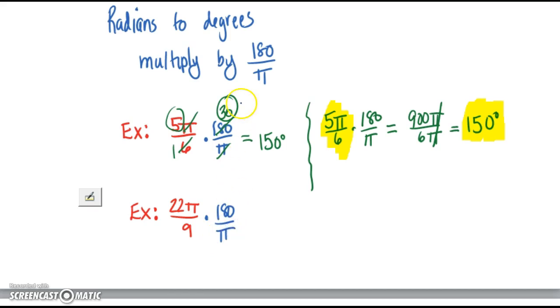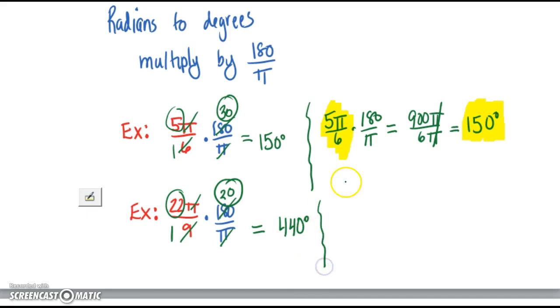And if you wish, you could do some cross-canceling. So we know that the 9 and 180 are divisible by 9. This becomes 1. This becomes 20. The pi's cancel out. And if you multiply 22 times 20, that's 440 degrees, right? Which is more than one rotation.